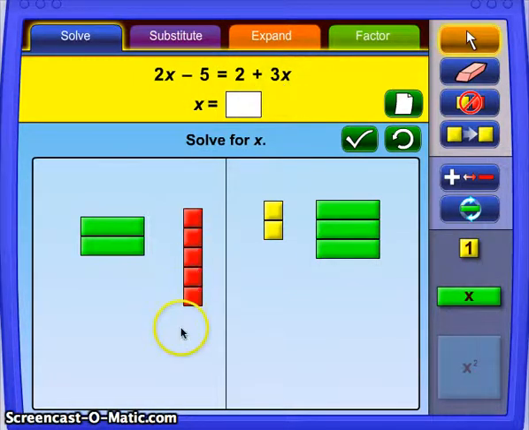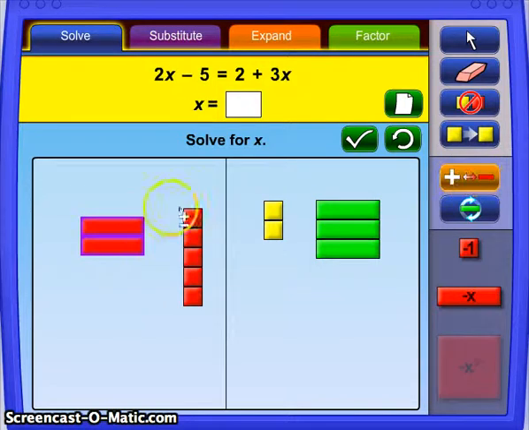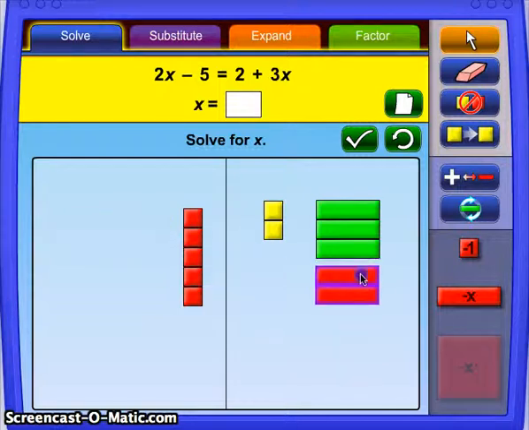What's good about this algebra tiles is that we can simply highlight it and flip the sign. And after we flip the sign, let's go back to the arrow, drag it over to the other side. So we see that we subtracted 2x and it's gone. Subtracted 2x and it's represented here with our flip tiles.